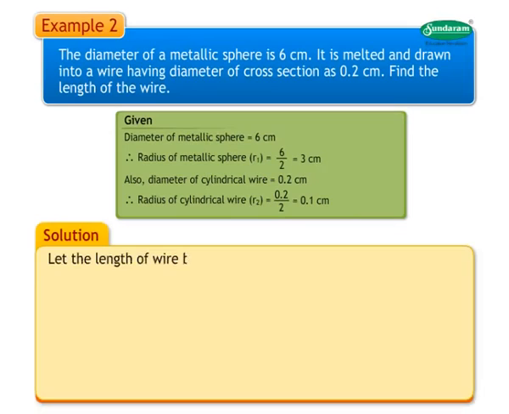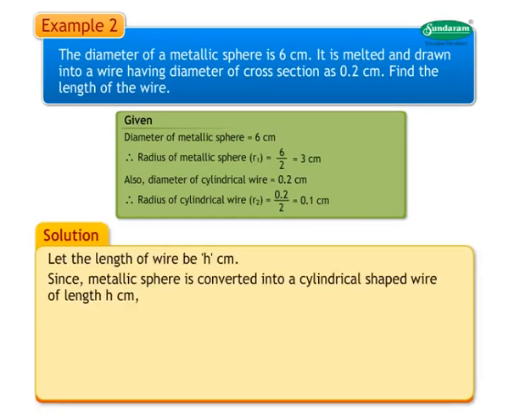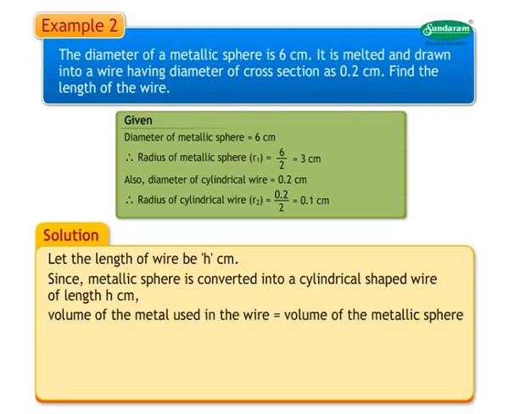Solution. Let the length of the wire be h centimeters. Since the metallic sphere is converted into a cylindrical shaped wire of length h centimeters, the volume of the metal used in the wire is equal to the volume of the metallic sphere. Therefore, pi R2 square h is equal to 4 upon 3 into pi R1 cube.